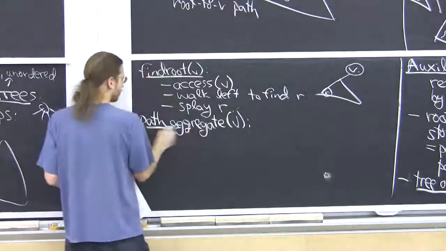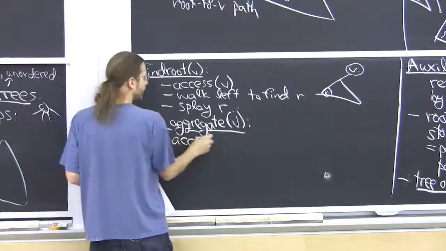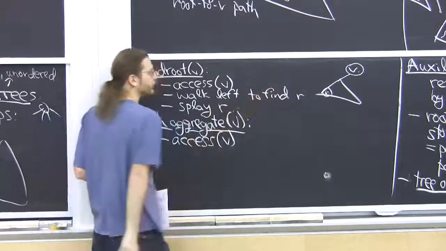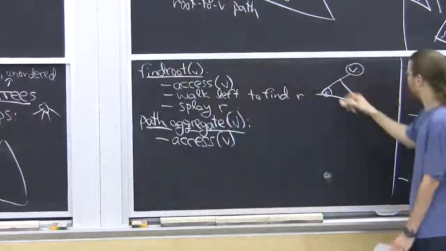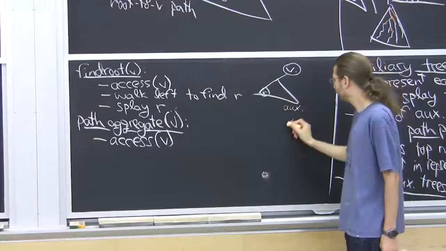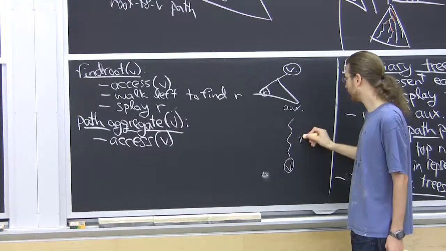Path aggregate's basically the same. Actually, even easier. First thing we do, like all of our operations, is access v. So we get that picture. So remember what this corresponds to. This is an ox tree that represents a path ending in v. So this is in the represented tree.